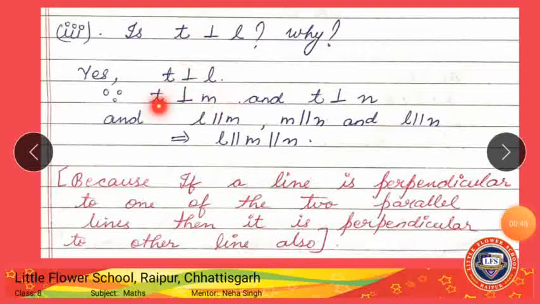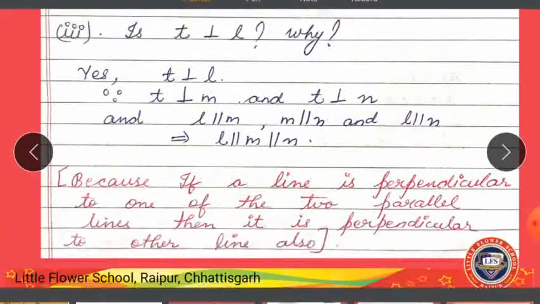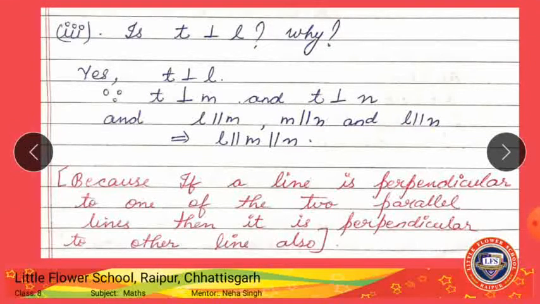Since the line is perpendicular to two lines and all the three lines are parallel, therefore T will be perpendicular to L also, because a line perpendicular to two of the parallel lines will also be perpendicular to the third parallel line, and we have seen the three lines are parallel. So this finishes the second question. The first question is homework, you are going to solve. It was the same as practice 1.